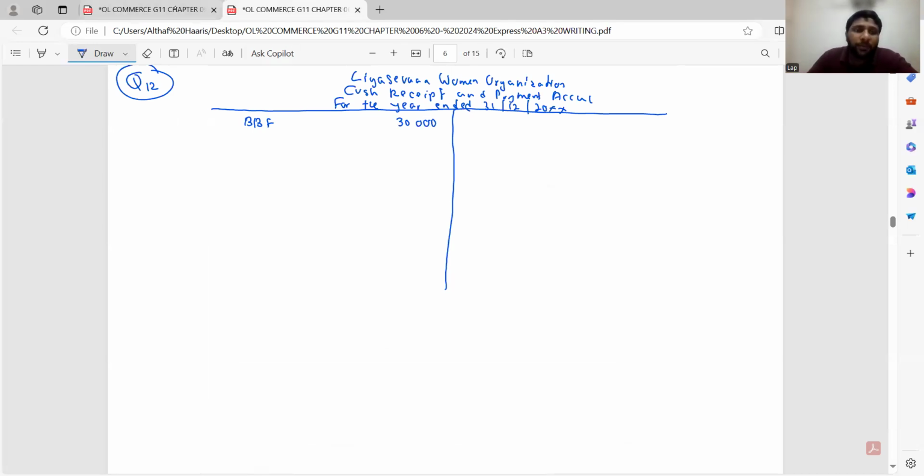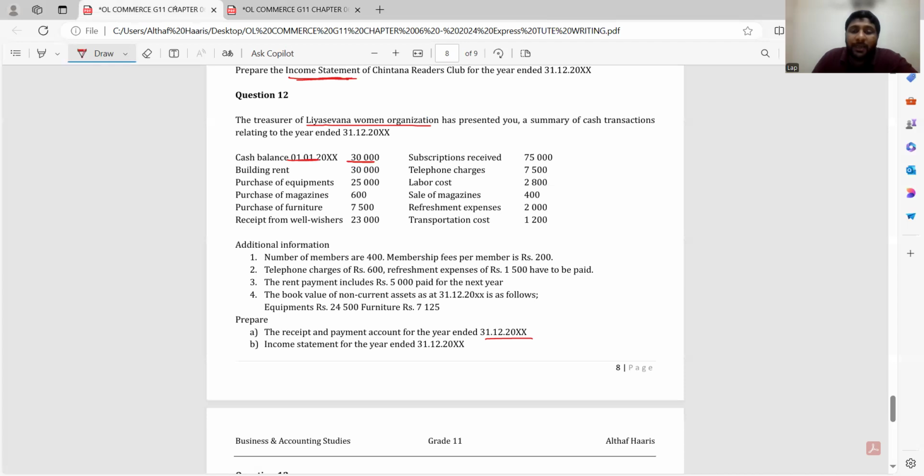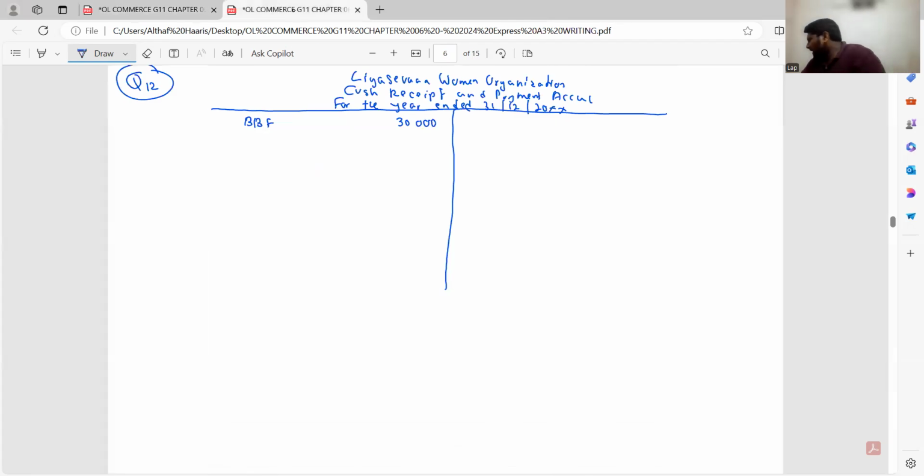Correct. Building rent: they have not given whether building rent is received or paid. We'll assume it as paid. Payment, people, so we have to write it on the credit side.